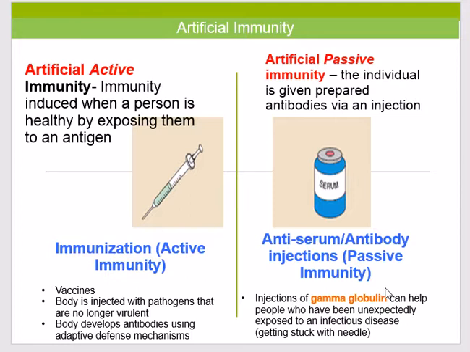An example of this would be injection of gamma globulin. Gamma globulin can help people that have been, let's say somebody reached into a bag and was pricked with a needle, and there was the uncertainty as to whether or not that needle carried an infectious disease. Then that person can be injected with an antibody to hopefully help them fight off any potential infection that they may have acquired.